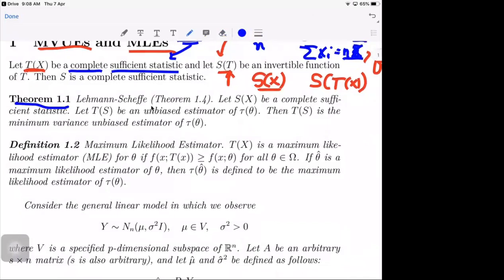Okay, Lemma 1.1. Lemma 1.1 is the Lehmann-Scheffé theorem, which is theorem 1.4 in chapter 1 of Arnold.